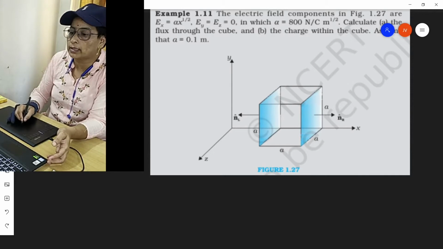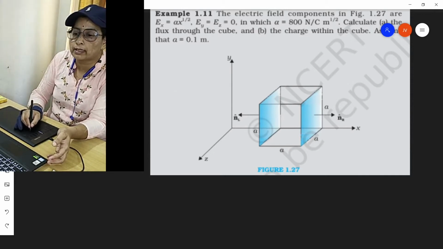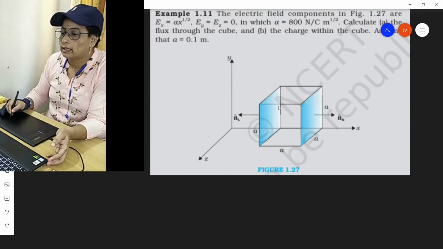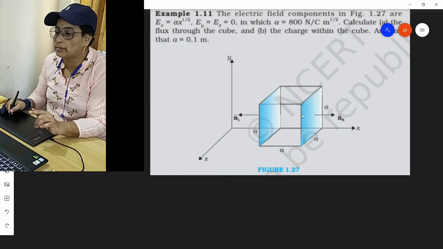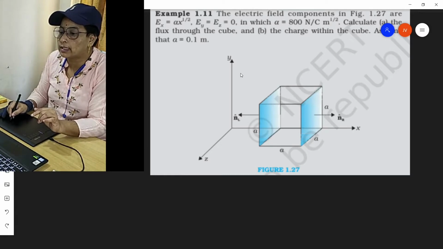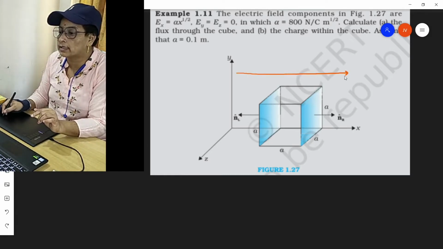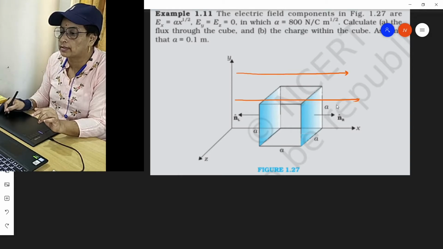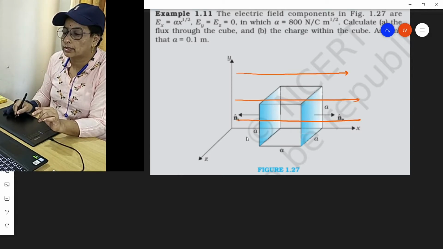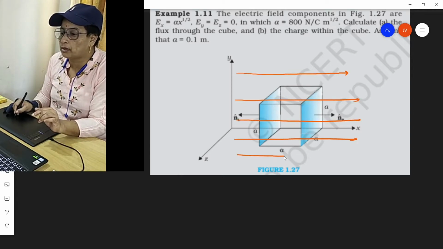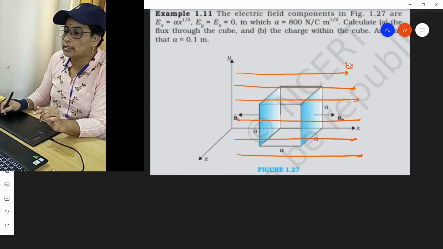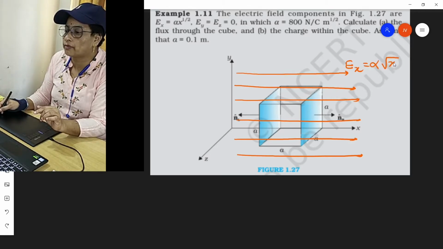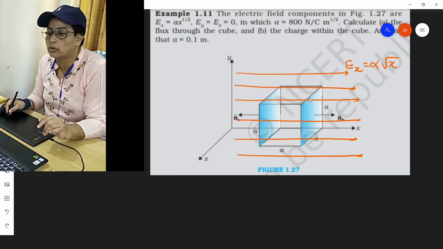So let's begin with a basic understanding of who are the contributors. The blue faces are contributors of electric flux. Why? Because the electric field is in the x direction. So this is the direction of electric field. This cube is placed in an electric field, and the electric field along the x direction is alpha root x according to the question.